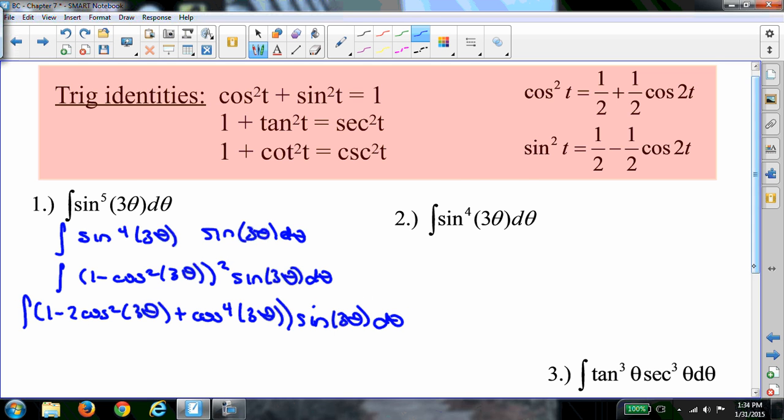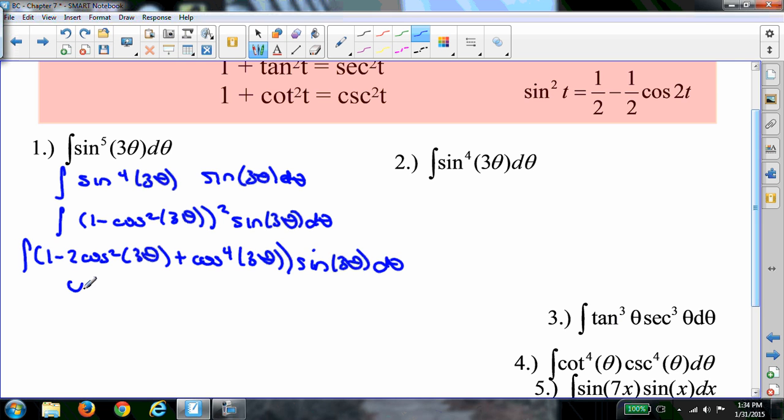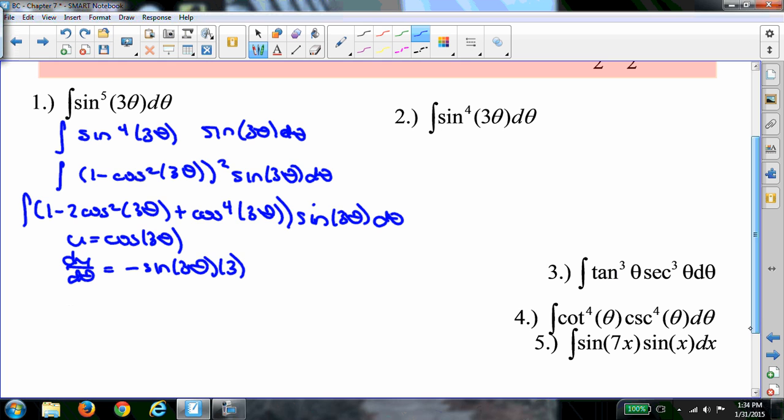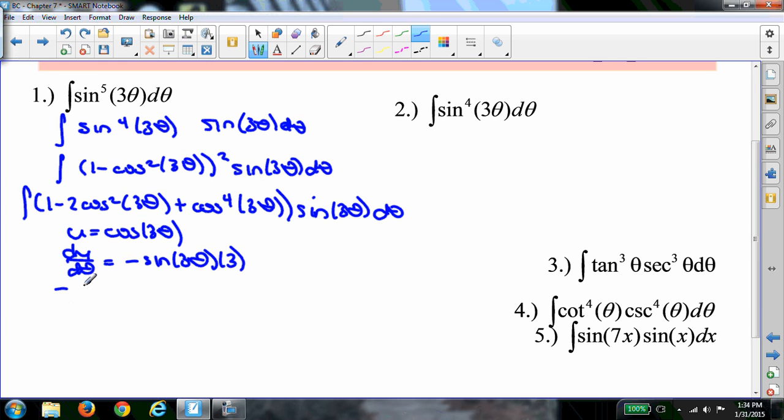Now notice if I let u equal cosine of 3 theta, and I take the derivative, I get du d theta equals negative sine 3 theta times 3. So solving for sine 3 theta d theta, negative 1/3 du equals sine 3 theta d theta.